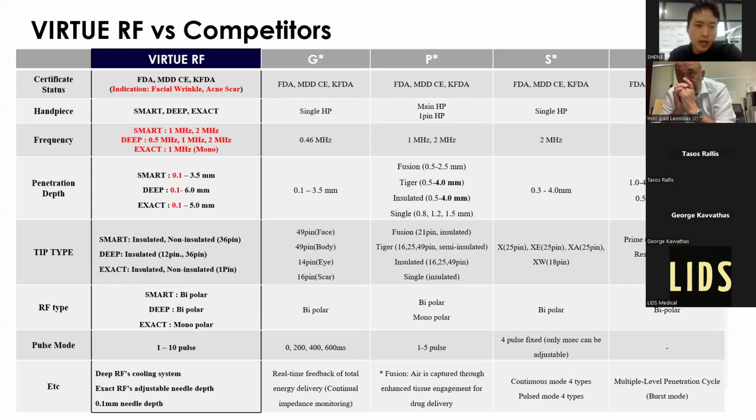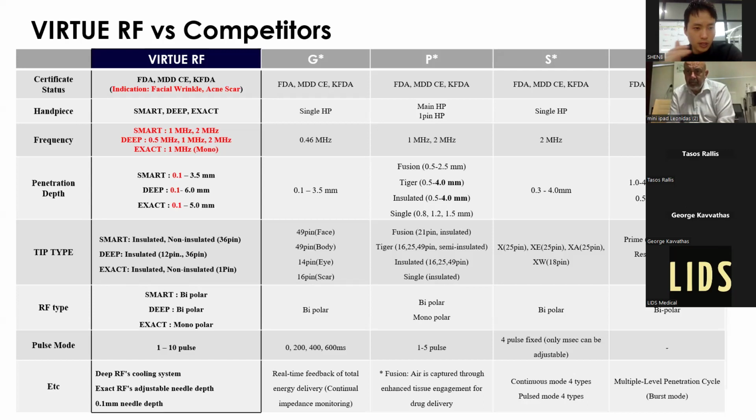Number 2, we have 2 different frequencies with Smart RF, 1 megahertz and 2 megahertz. We can do a lifting effect, strong energy with 1 megahertz. We can do superficial layers, very high density with 2 megahertz. Also, we have insulated and non-insulated tips.